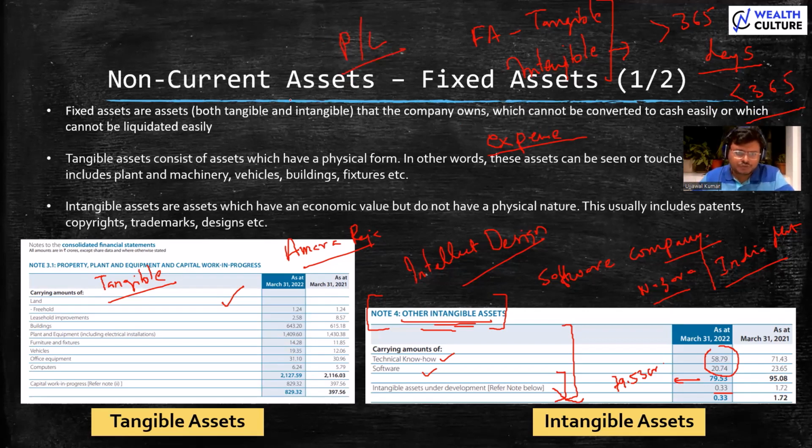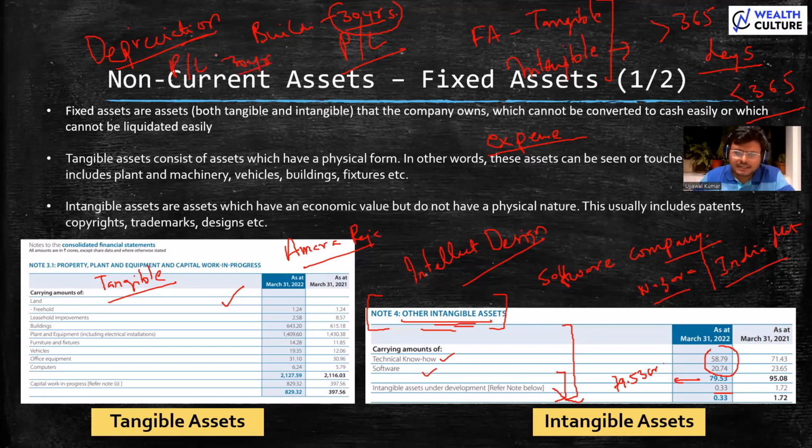Because what happens, as you would know, these assets. So let's say we did discuss the depreciation line item, right? And there also we discussed intangible and tangible assets. So let's say you invest in a building, and that building has a life of, let's say, 30 years. So you can depreciate the value of this building in your P&L over 30 years.